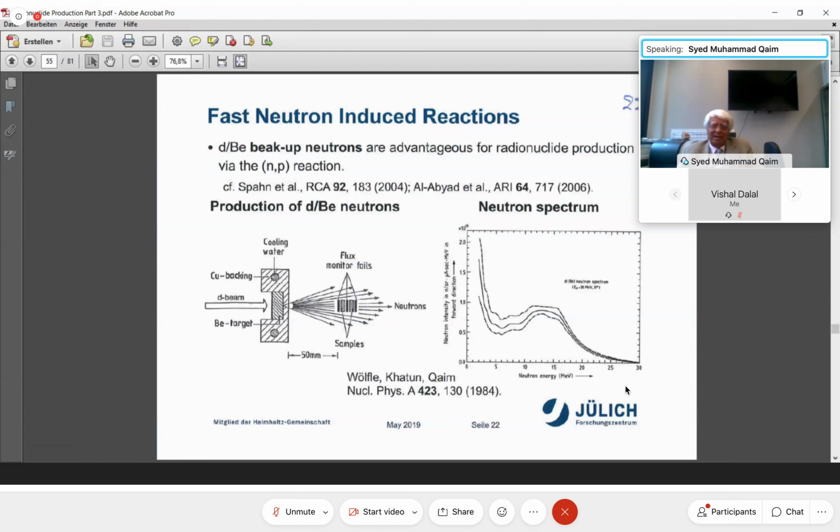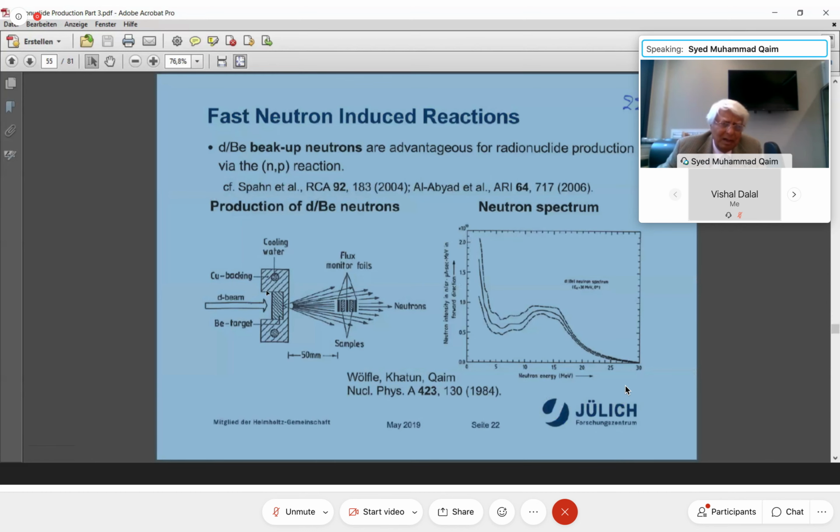A second type of neutrons is produced. They are not white neutrons now, but breakup neutrons. They are formed through the breakup of the deuteron, and this breakup means the deuteron is not very tightly bound. So if the deuteron beam comes here from the cyclotron, it falls on a beryllium target.